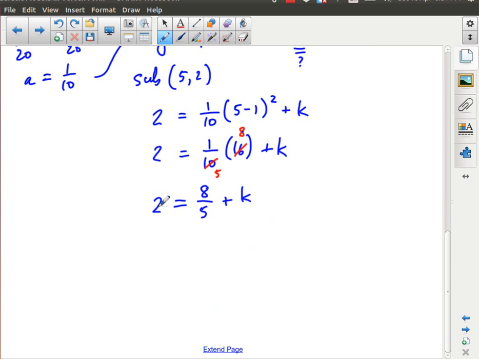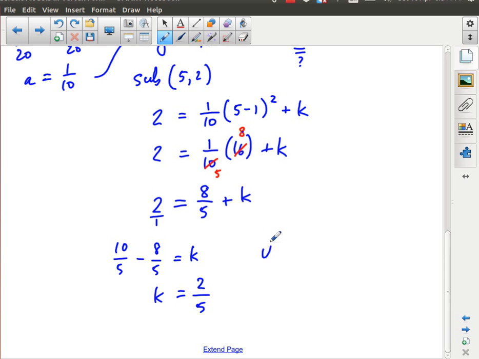I'm going to take this to the other side, which means I need a common denominator of 5. So 2 over 1 is the same as 10 over 5 minus 8 over 5, equals k. And k is equal to 10 minus 8 is 2 over 5.